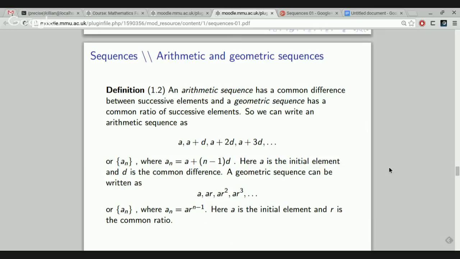So there's one special case. Well, not just one. There's an infinite amount of convergent arithmetic sequences. They're pretty boring sequences. Somebody's got to.